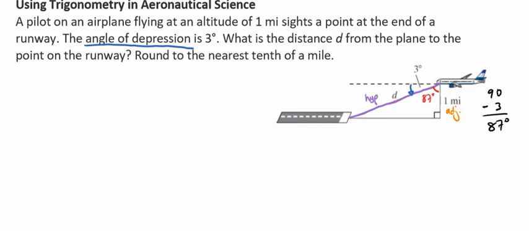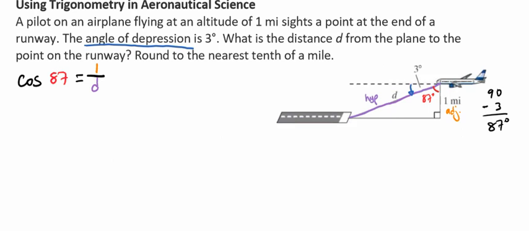So if we have the adjacent side and we're looking for the hypotenuse, we could use either cosine or secant, but we're going to use cosine. So we have the cosine of our 87 degrees is our adjacent side divided by our hypotenuse. And we're going to solve from here.